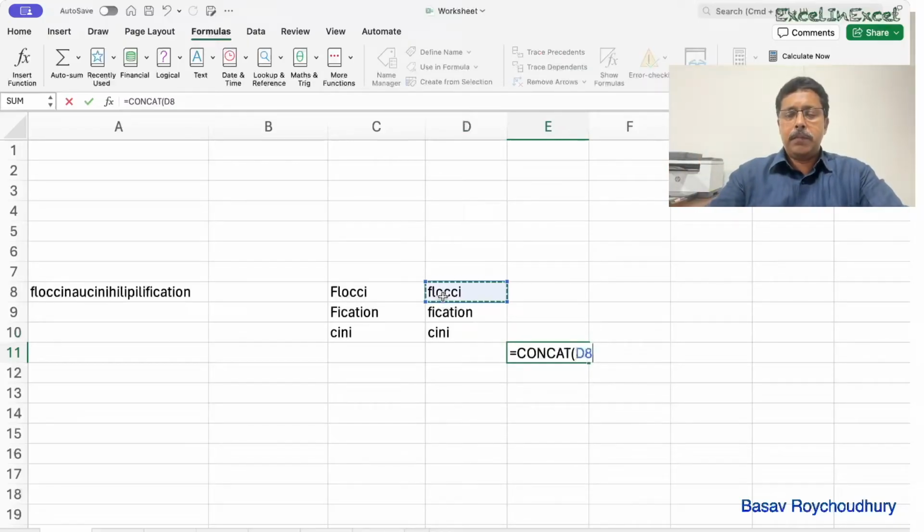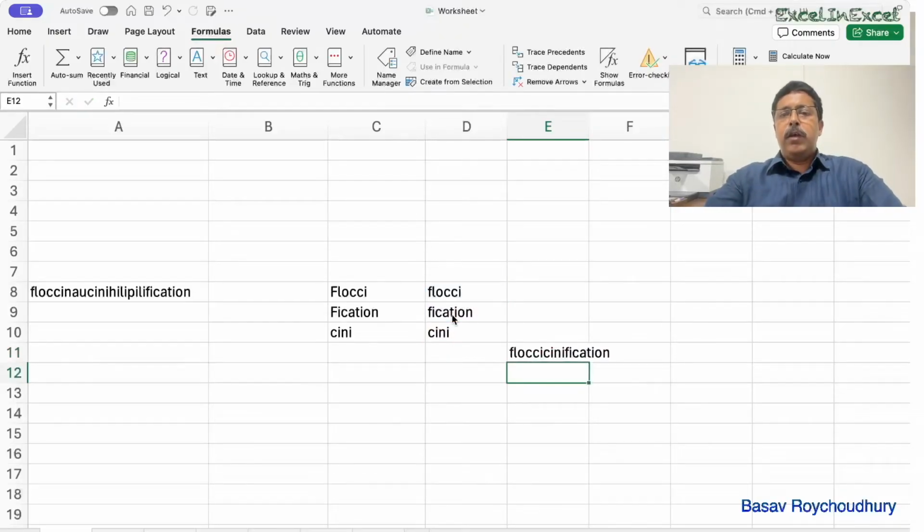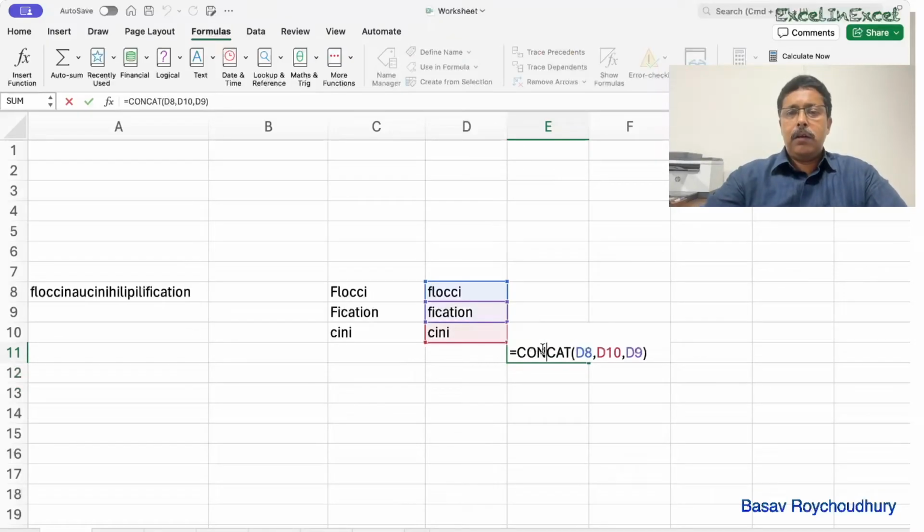First floxy, then cine, and then fication. So the order is important here. The order in which we concatenate them is the order in which they will come, and therefore I have floxycinification. The formula again, concat. So I concatenated floxy, then cine, then fication.